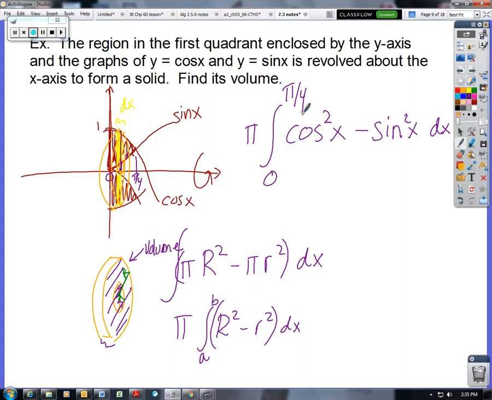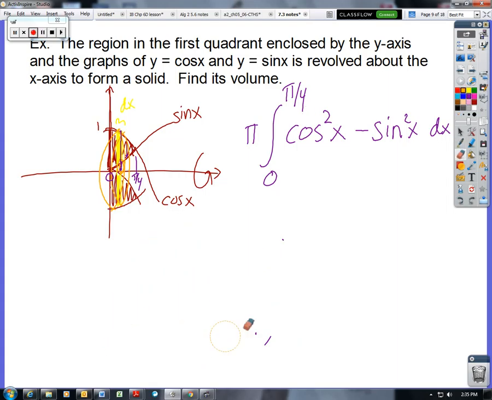Now, you can try to think about how to integrate this. If you try to use substitution, which we talked about in class today, if you tried making u equal cosine x, then your du would be, the derivative of that is negative sine of x dx.